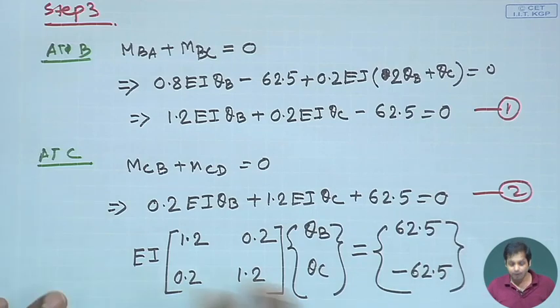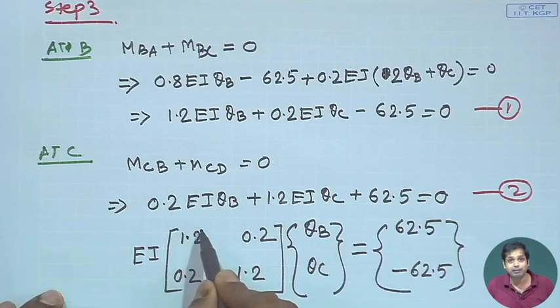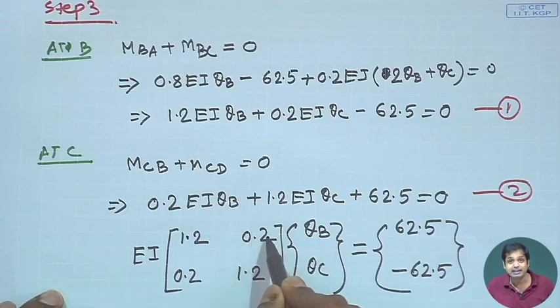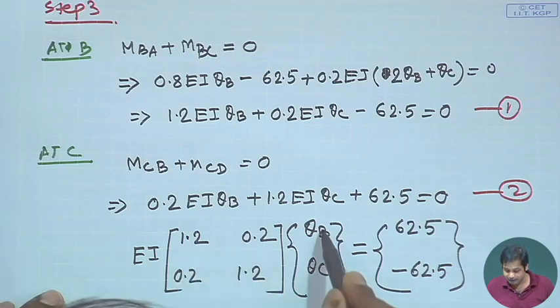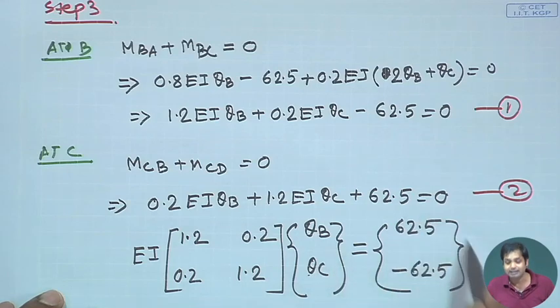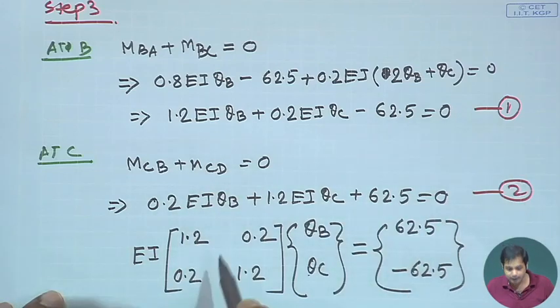Okay. Now, this is KBB, this is KBC, this is KCB, and this is KCC, and these are all stiffness coefficients, and this is the associated displacement, and this is the equivalent joint load. Okay. So, this becomes FB and this becomes FC, and if you write in 1 to numbering, this becomes F2, this becomes F3.